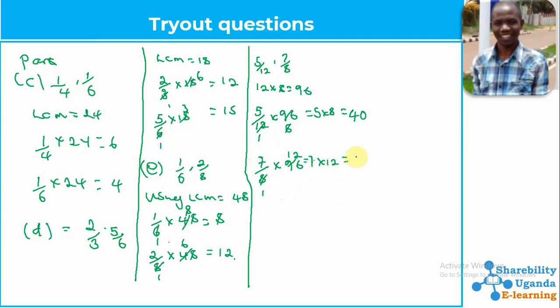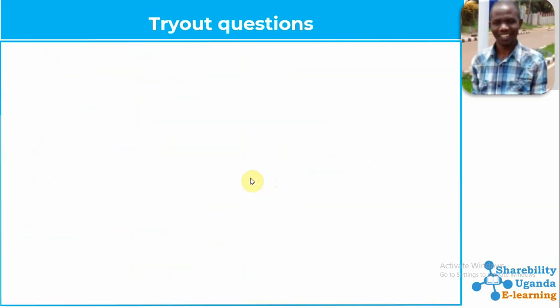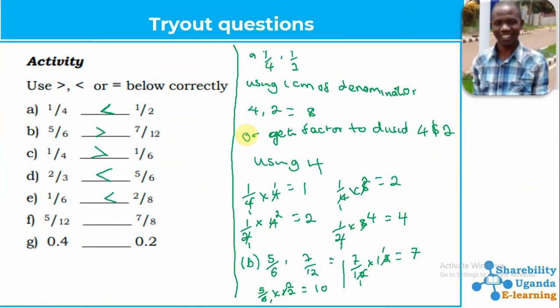Our answer here is going to be 84. So this simply means our 7 out of 8 is greater than 5 out of 12. We write it here. This is greater than that.